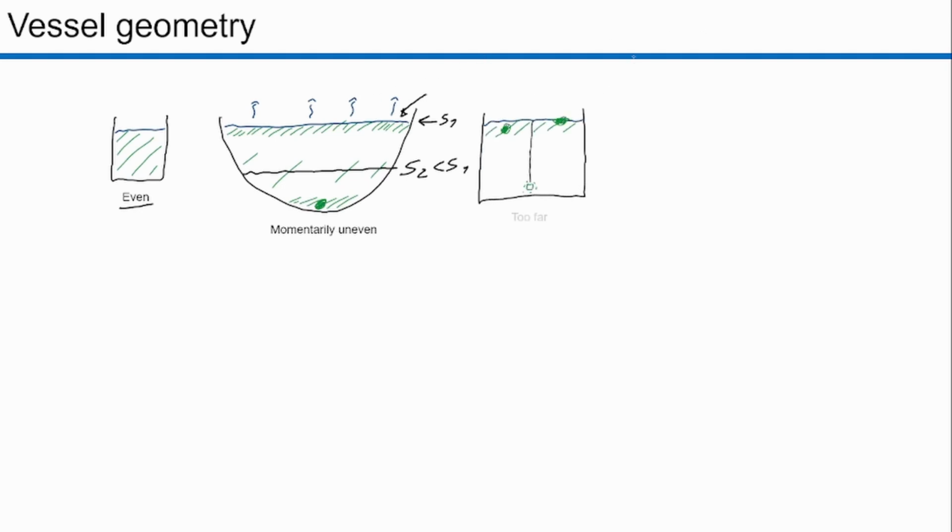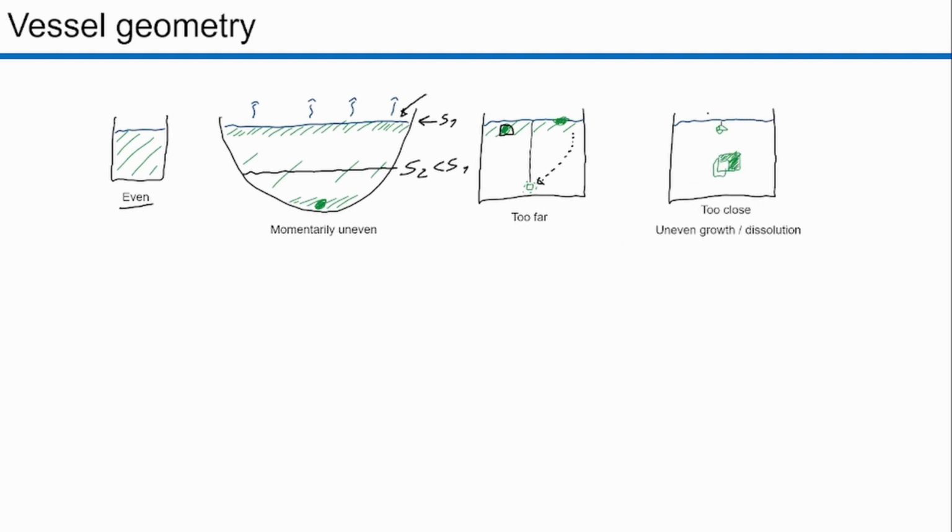Another consideration is the distance. If your crystal is too far from the surface, it won't have enough time, nor will it be energetically favorable for your newly free atoms to come all the way through to your crystal. They might just nucleate near the surface.